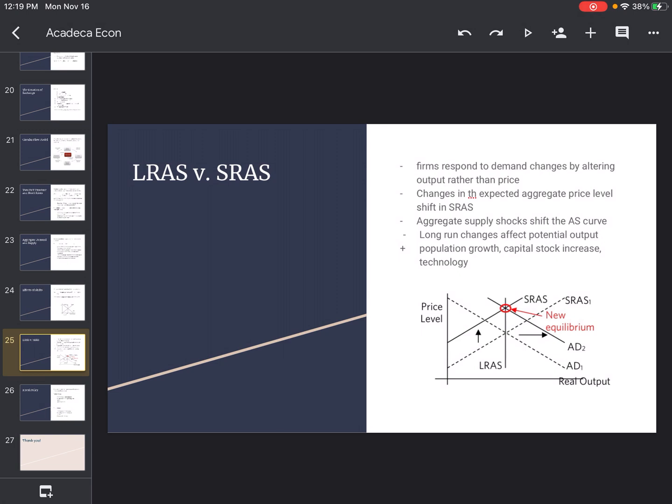Firms respond to demand changes by altering output rather than price, because output is a lot easier to manage since price is fairly unpredictable. Changes in the expected aggregate price level shift the short-run aggregate supply. Aggregate supply shocks shift the aggregate supply curve. Again, most of these are just standard supply-demand graph ideas.